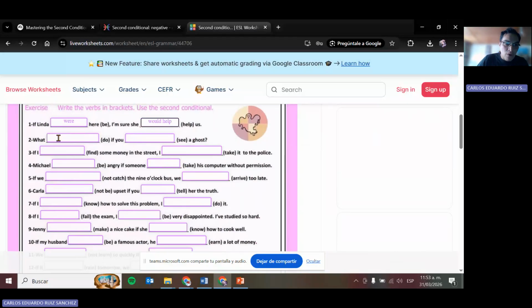Let's continue. Here, I don't start with the clause, with the condition. I start with the result. So I need to use would, what would, yes, what would the base verb form do?